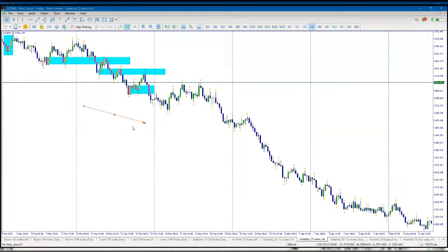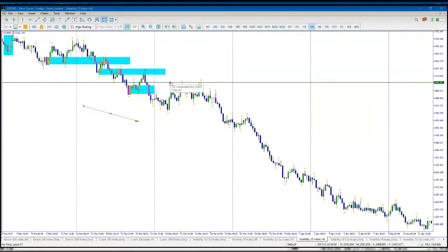So price came down from here, and then we begin to see a kind of move that may look a little bit interesting. We are seeing a series of higher highs and higher lows. But if you have a good understanding of what we've been discussing over the weeks, you will know that these are internal movements.